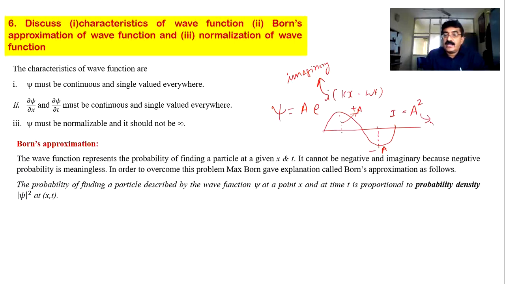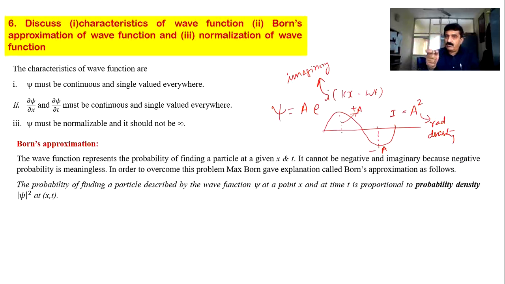Intensity is also called radiation density. So in case of a normal wave, we don't give much importance to amplitude, but we give importance to intensity. By taking the square of amplitude, we get intensity. Intensity is always positive, so we care for intensity.